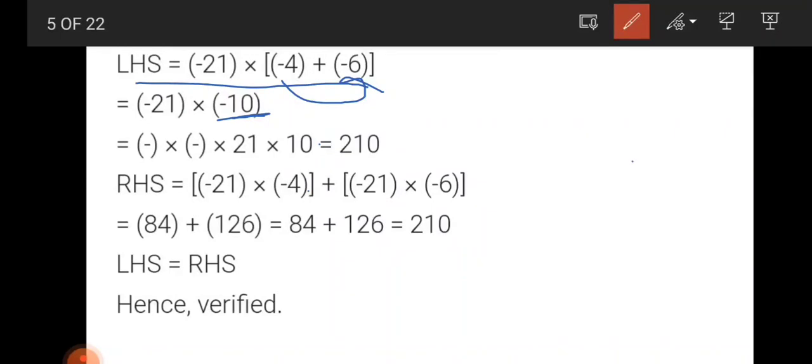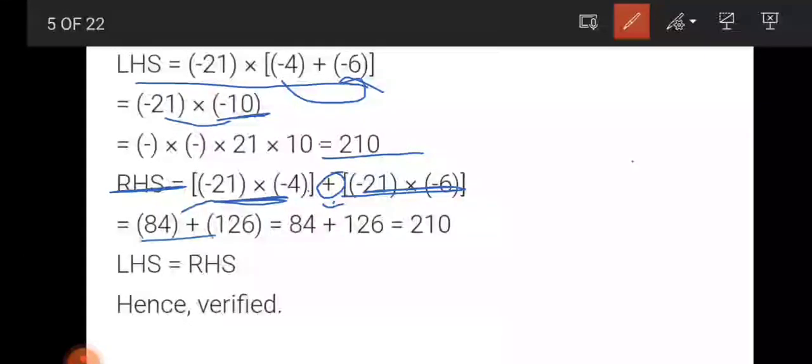In this it is an addition form, not a multiplication form. Then you multiply by the minus integer. If you take the product, you get a positive answer, and then you solve the right hand side. On the right hand side, first you solve the bracket, and then here is a product, so we multiply. First we multiply and then we add both of them.